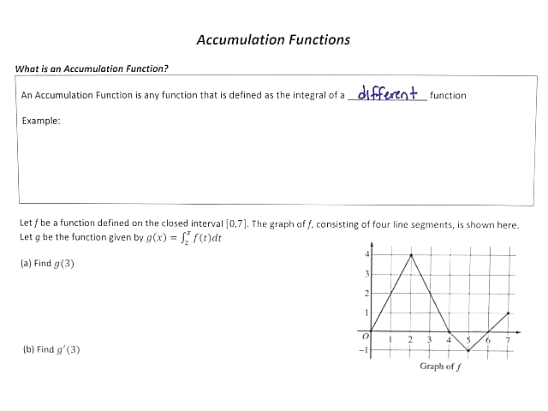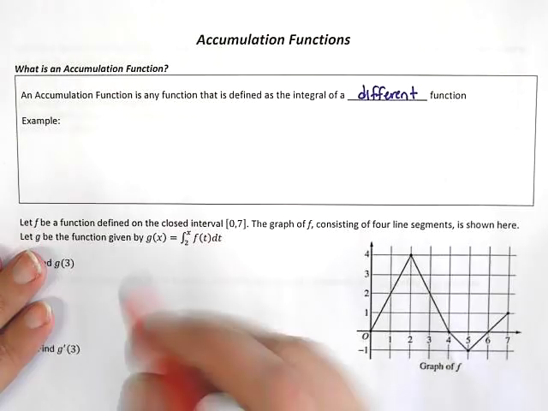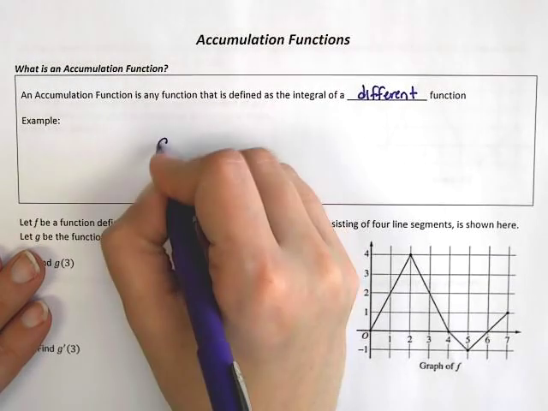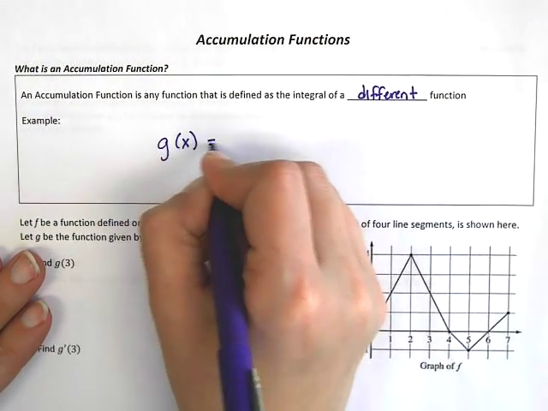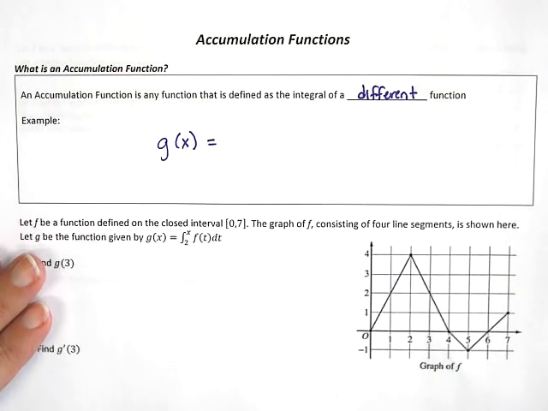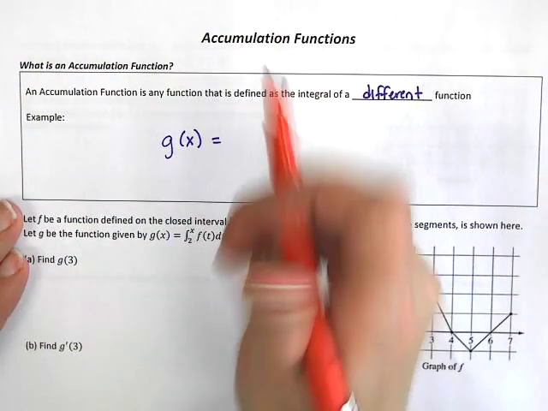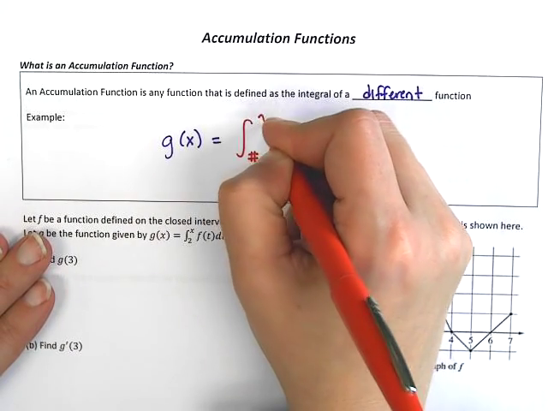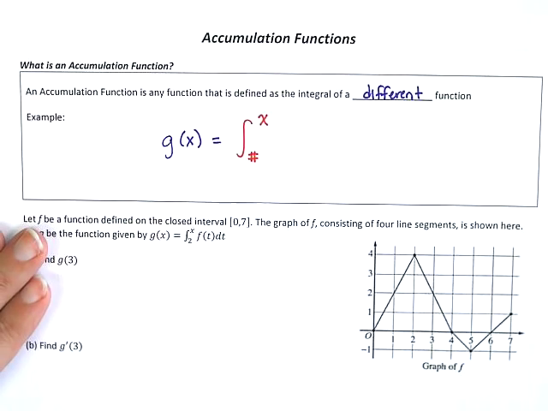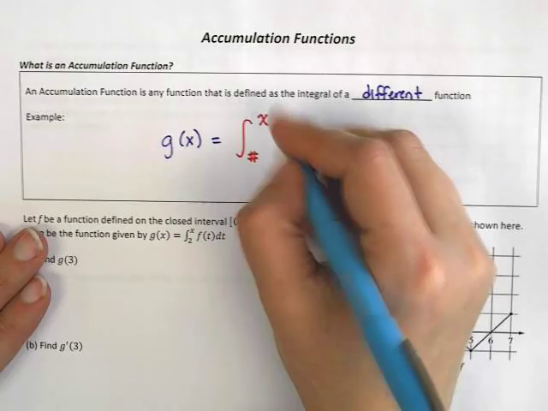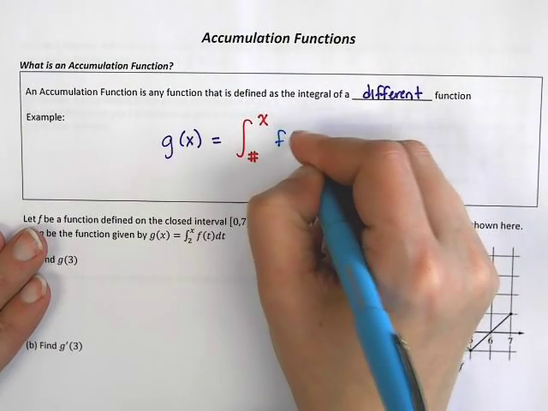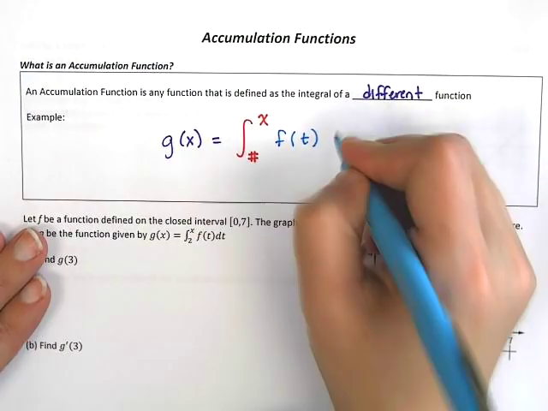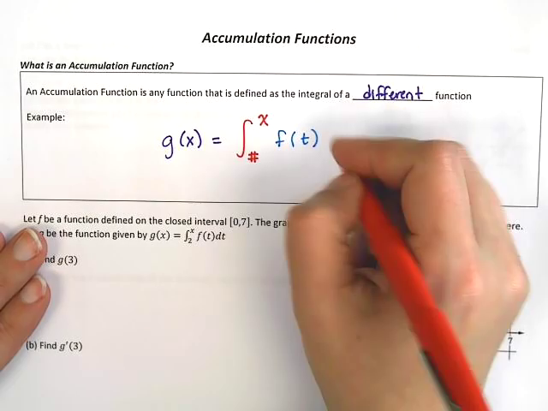So for example, we might say that g of x, our accumulation function, is defined as the integral from some number, whatever we decide to start with, to x of a different function, which in this case I'm going to call f of t, dt.